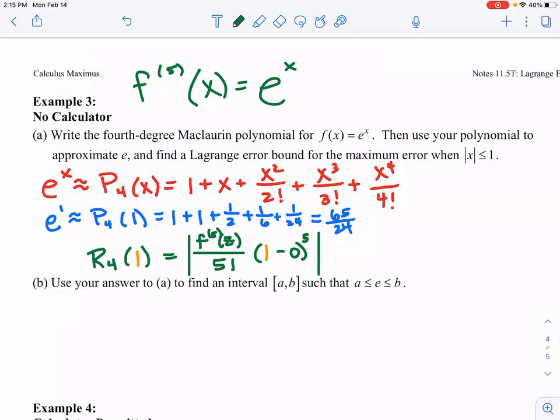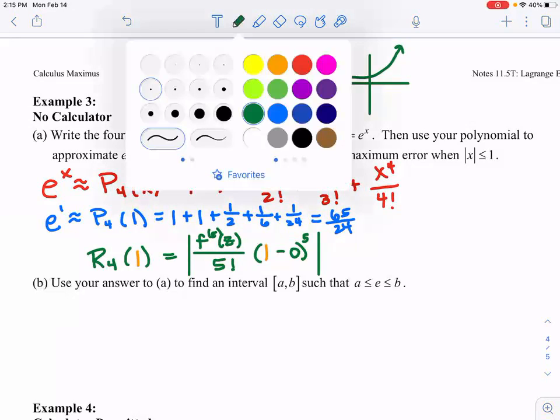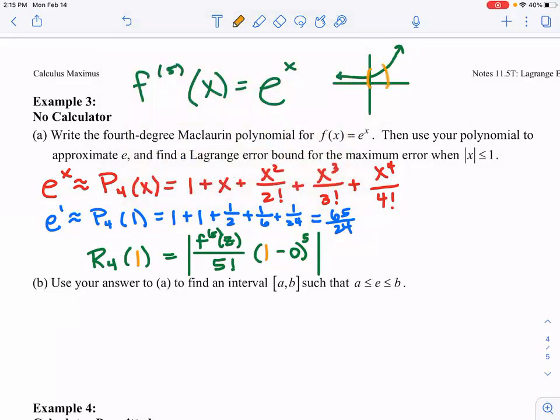Okay. Well, let's think about our interval. Our interval is 0 to 1. Okay, but we're not using a calculator, so I'm not going to throw in 2.7.